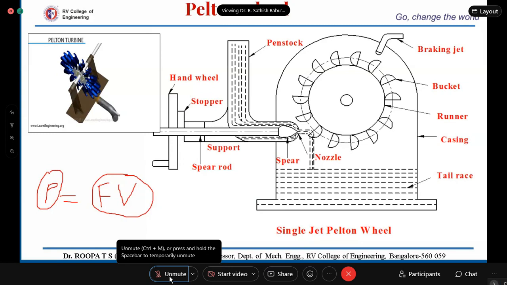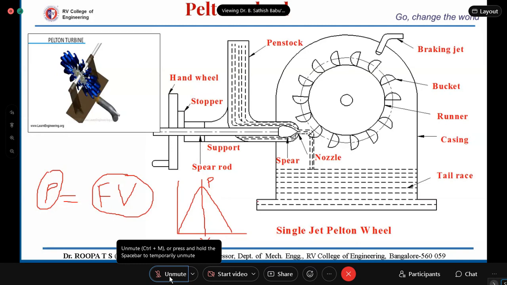We will get the maximum power when the bucket velocity is half of the jet velocity.